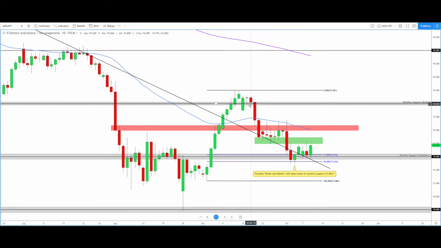For this reason we don't like to enter at the highest point of a bullish movement; we prefer to wait for a correction before thinking about any other move. Two weeks ago the price followed our analysis and started this bearish phase that brought it to retest this bearish trend line.